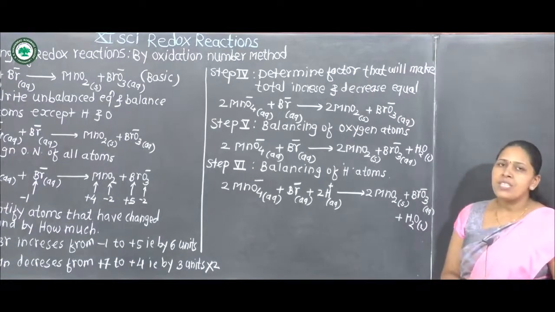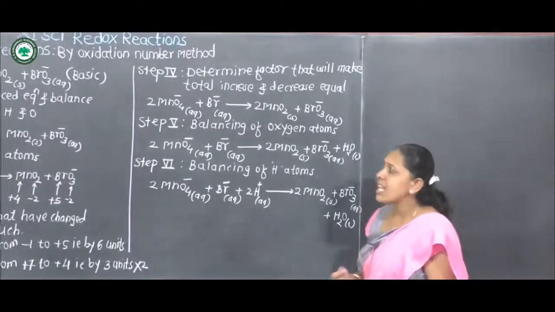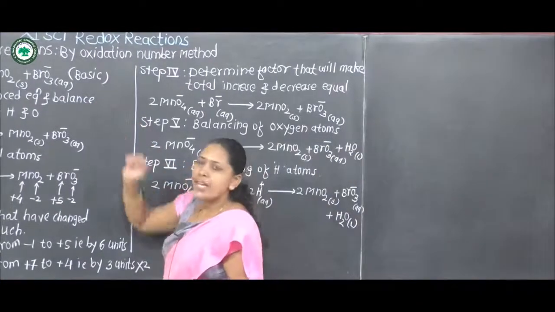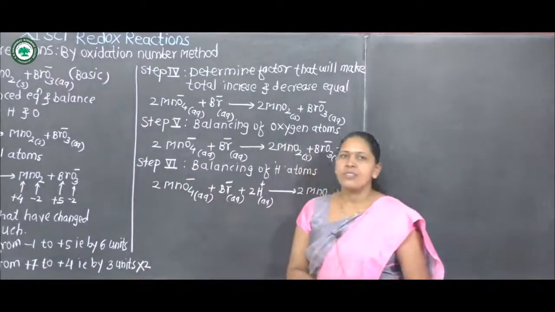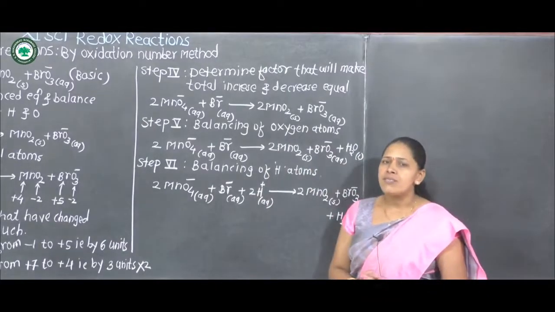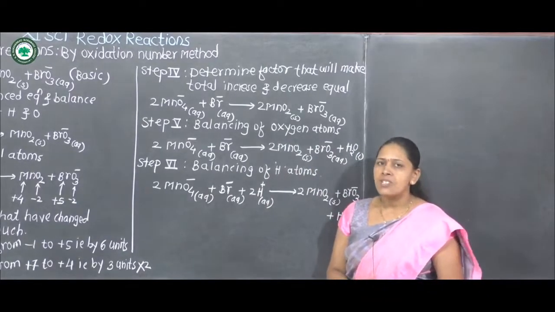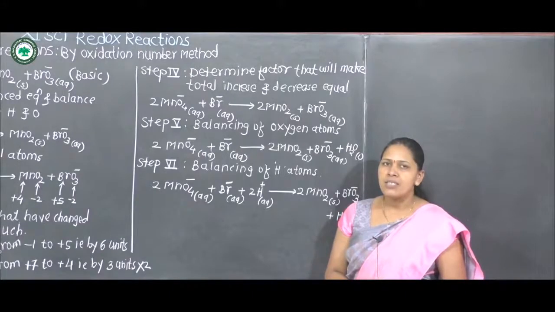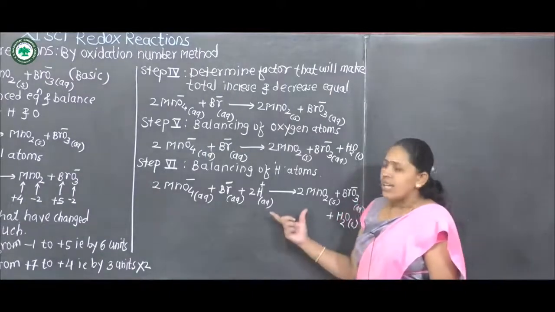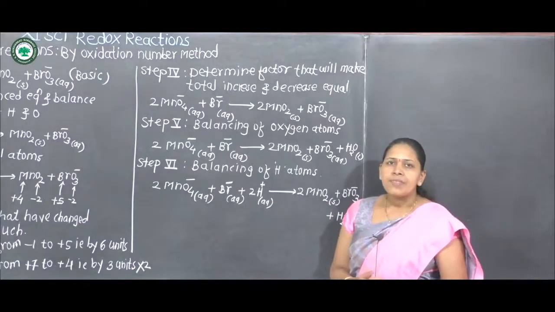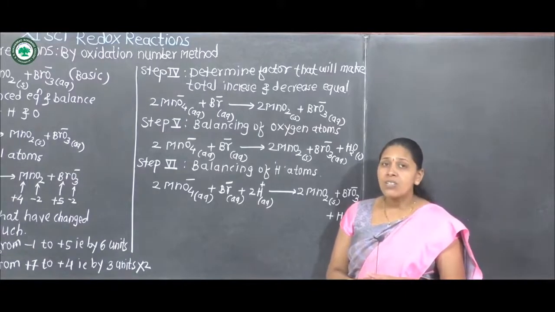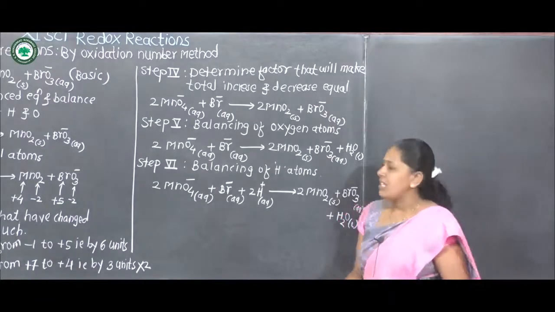But the next step: this reaction occurs in basic medium. Therefore, one of the steps for a reaction in basic medium is to add OH⁻ ions, that is hydroxyl ions, on both sides of the equation, equal to the H⁺ ions in the equation.